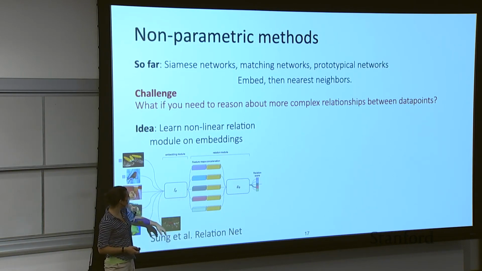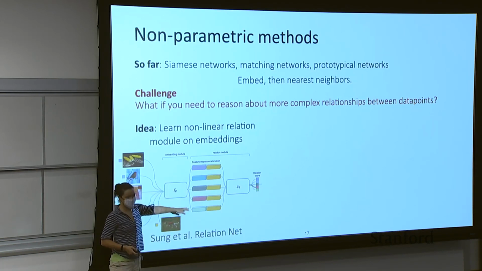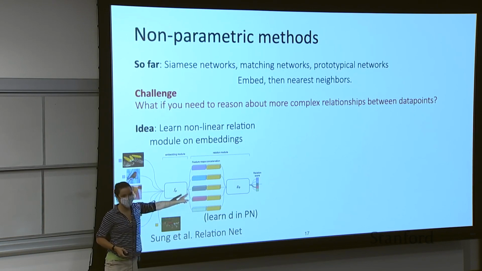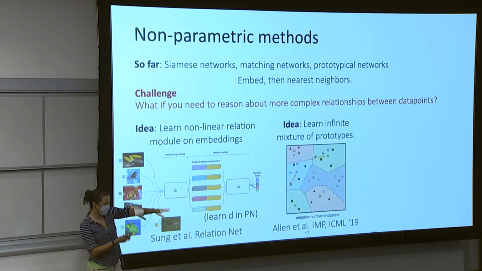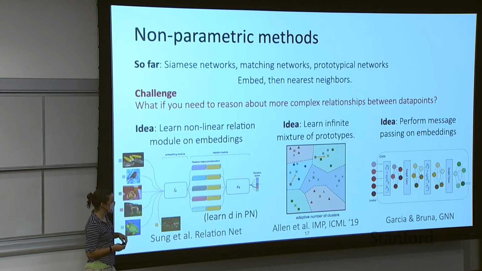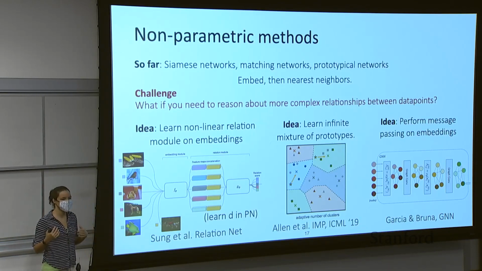This approach learns the features just like in prototypical networks, but also learns a distance function between classes rather than using a fixed one. Another approach, as I've mentioned, is to learn a mixture of prototypes rather than a single prototype per class. And lastly, a more complex approach is to do some sort of message passing on the embeddings rather than just a simple comparison.